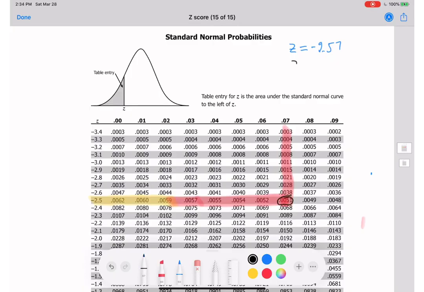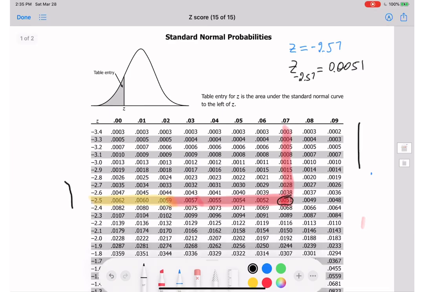So the z-score for negative 2.57 we can put as equal to 0.0051.